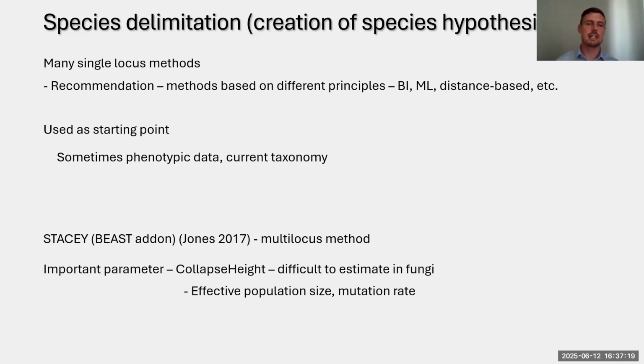But because there are so many studies taking a little bit different approaches, you can also find some studies which are using, for example, current taxonomy, like the currently accepted species of the studied genus or taxon, or they are using phenotypic data as this starting point instead of these species delimitation methods.